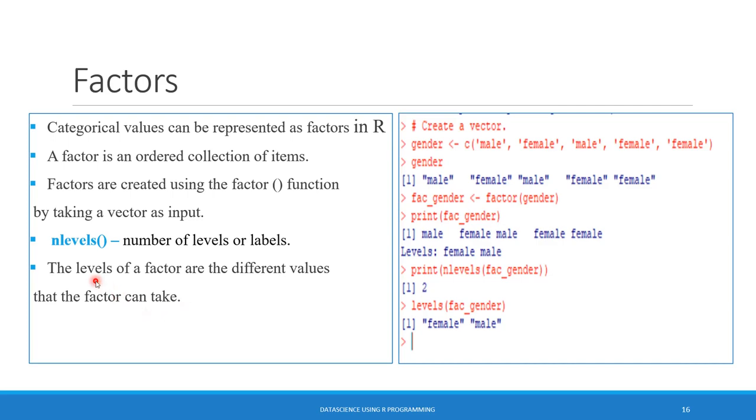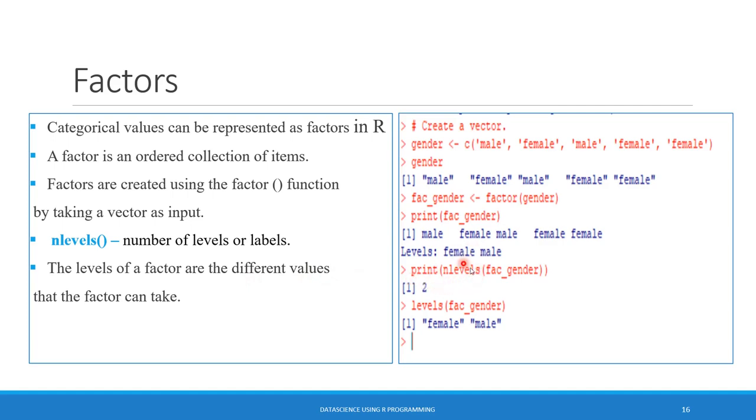If you want to check the levels of a factor, you can make use of the function levels: levels of, and mention the name of the factor. Here our factor name is fac underscore gender. It will return the different values present in the factor. Here the different values are male and female. You can also print the number of levels, or the number of different values, in the factor.